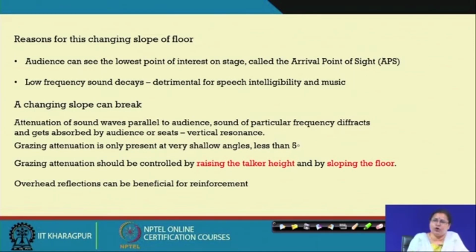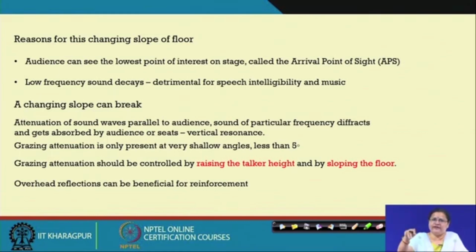If you remember warmth, which was discussed in the first introduction to auditoriums, you will actually lose the low frequency sound that gives warmth. So, if you raise it, you really cut down all these defects arising due to grazing attenuation. So, by raising the talker height and sloping the floor, you can check or control grazing attenuation.